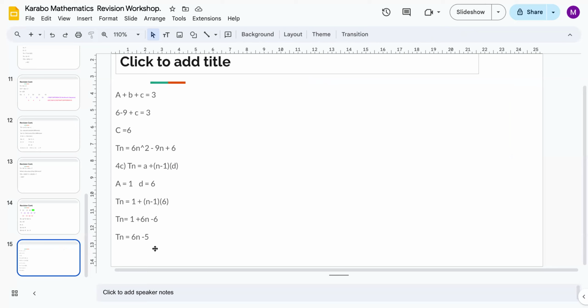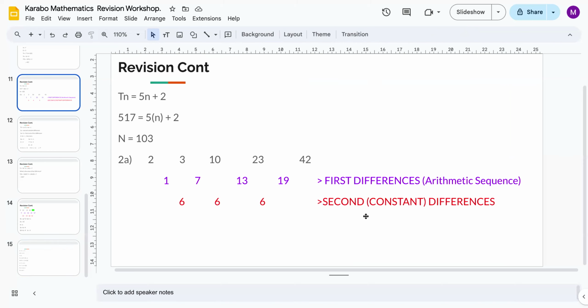Okay, now the question is asking me to prove that this will always be an increasing pattern. Now, to show that this will always be an increasing pattern, and when I say this, I mean the quadratic sequence itself, so the 2, 3, 10, 23, and 42, etc., I need to show that the first differences will always be positive, meaning for any n will always be greater than 0 for my first set of differences.